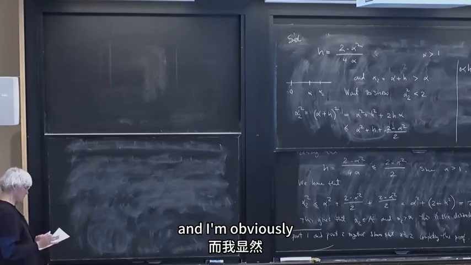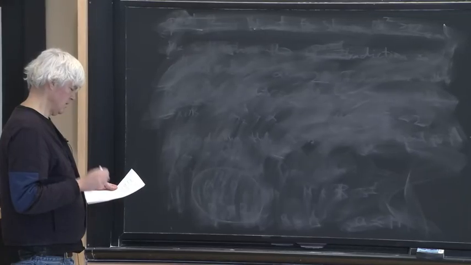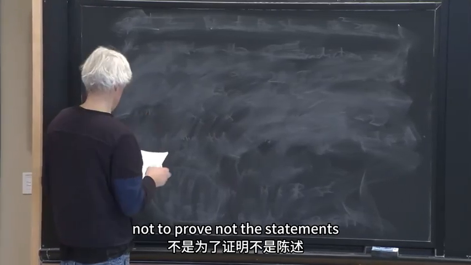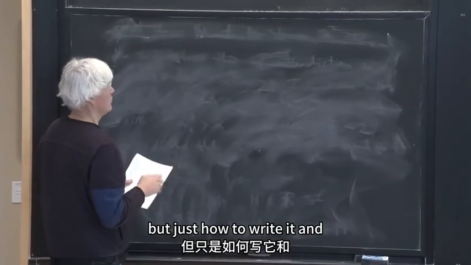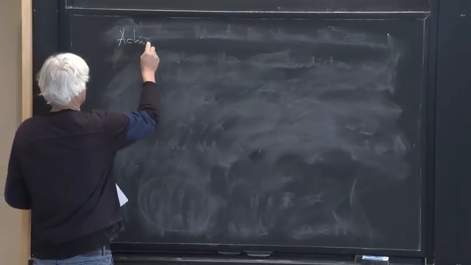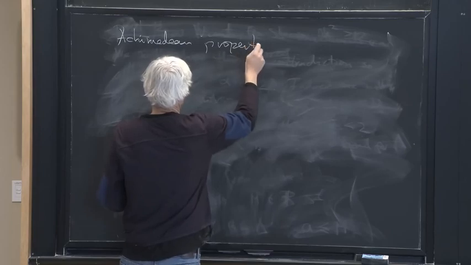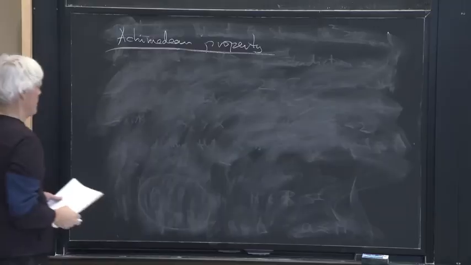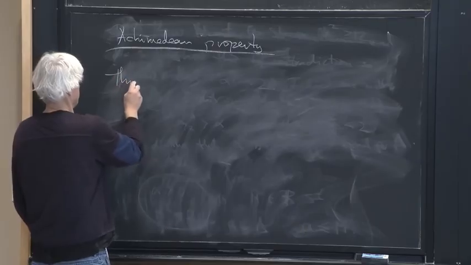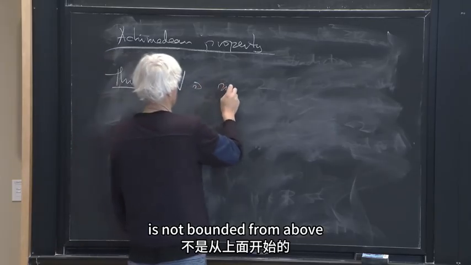I'm obviously using the things that we already proved last time, so that you can focus not on why the statement should be true, but just on how to write it. So let's talk about the Archimedean property. The Archimedean property is saying, so this is the theorem, that the natural numbers are not bounded from above.